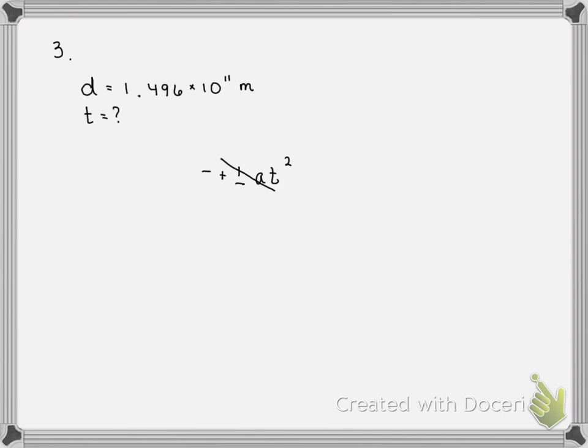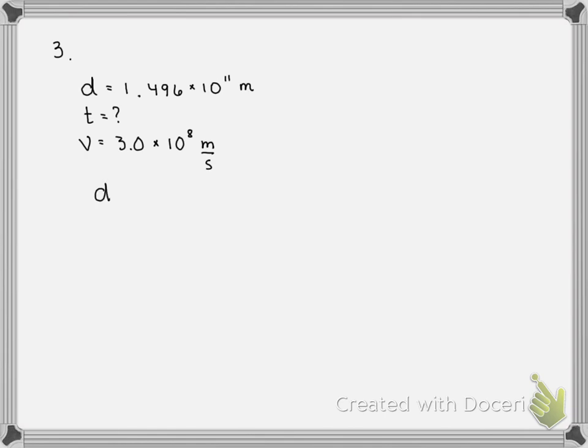Let me get rid of all of it. Okay, so we're looking for the time, and it says to use the fact that the velocity of light is 3.0 times 10 to the 8th meters per second.